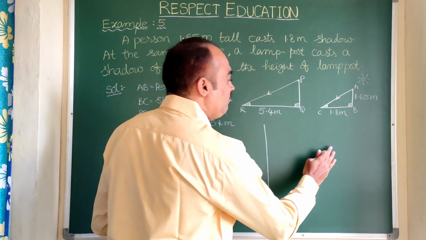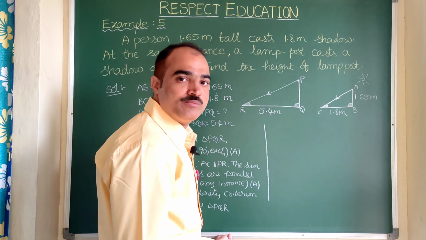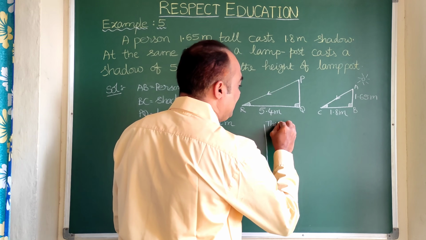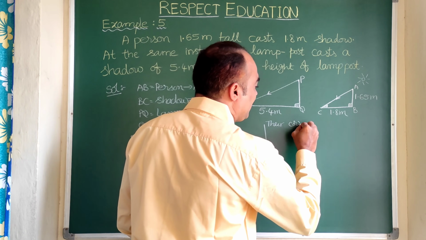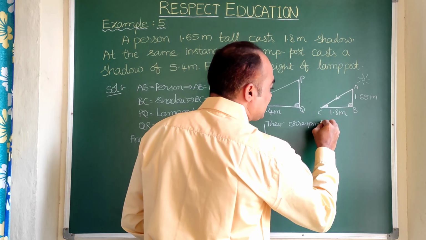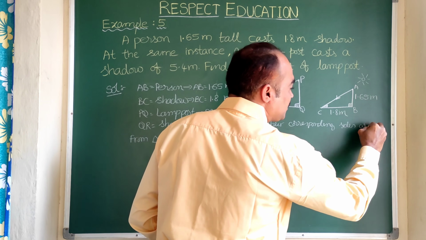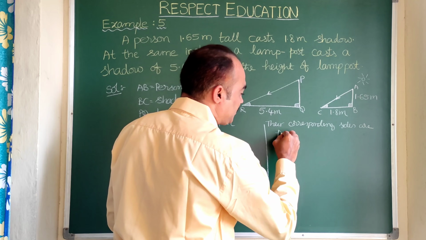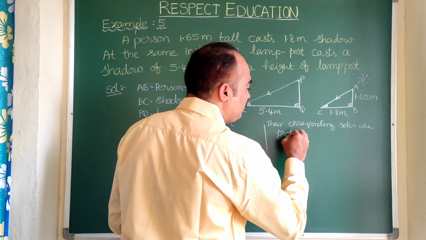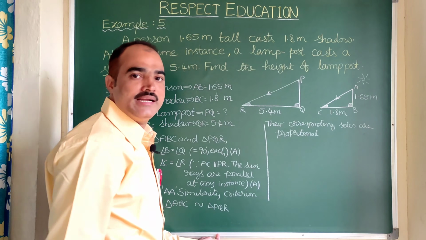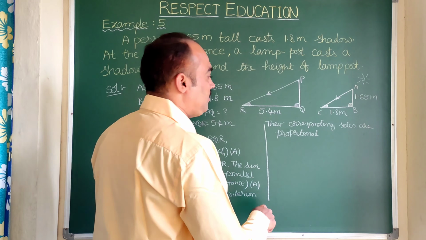As you know, when two triangles are similar, then their corresponding sides are proportional, or you can say are in proportion, are in the same ratio. However you write, all indicate the same. So their corresponding sides are proportional.